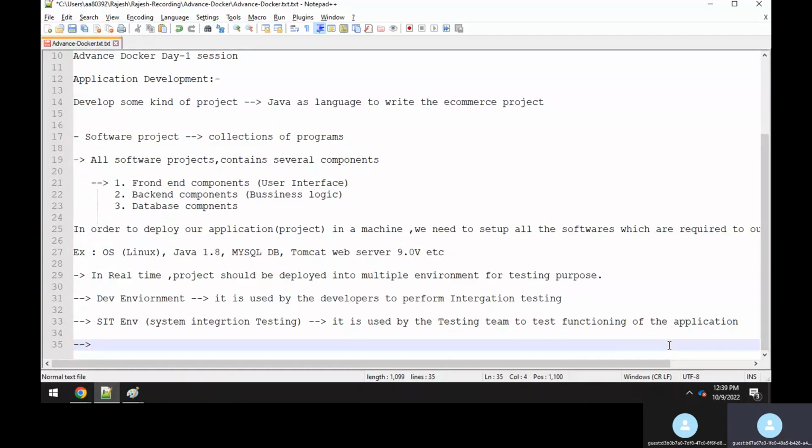And we have a UAT environment, user acceptance testing. This environment is used by the client to test the functioning of the application.